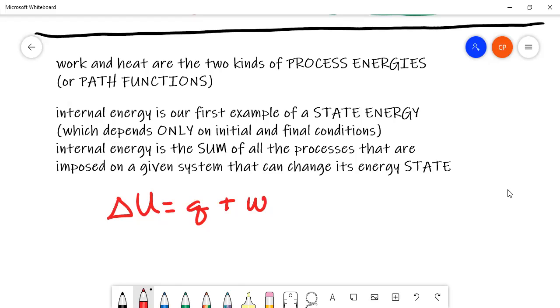That any internal energy change in a system is the sum of the heat transferred into or out of that system and the work invested or released by that system.